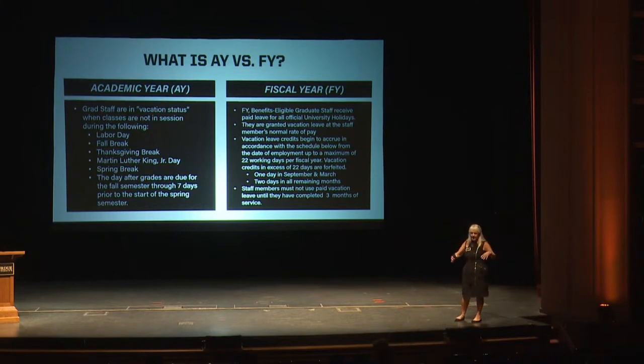But any other time you want to take a day off, you need to fill out a vacation form, submit it, and use one of your accrued days. You can see in Employee on the Web how many days you've accrued and where you are, so you can work it out. So use those days if you have them.